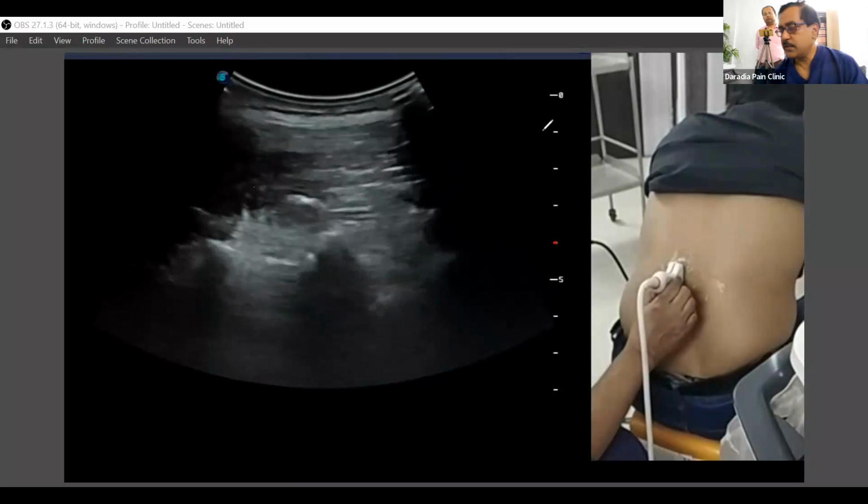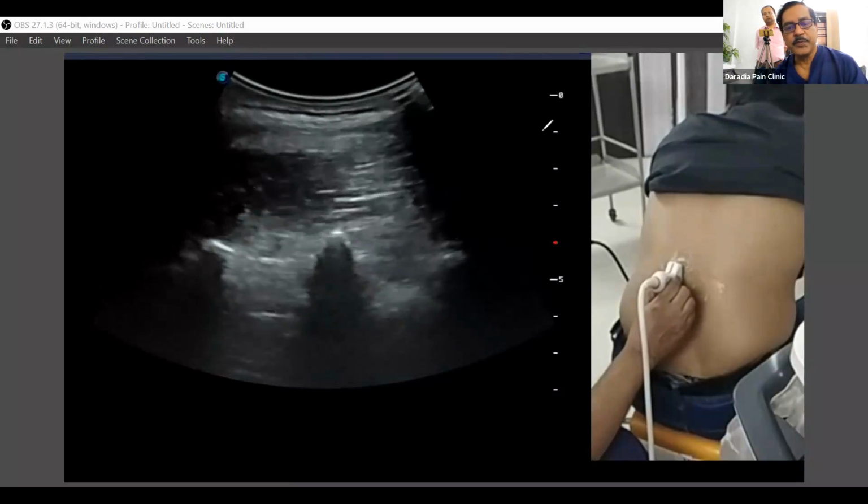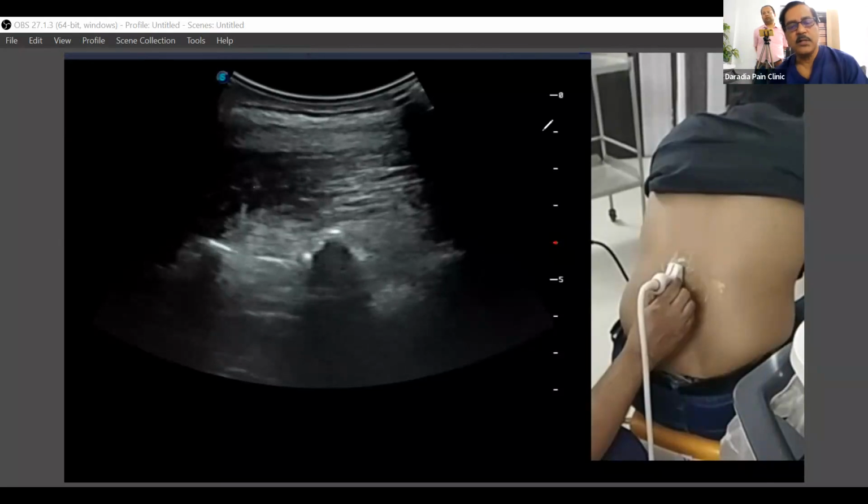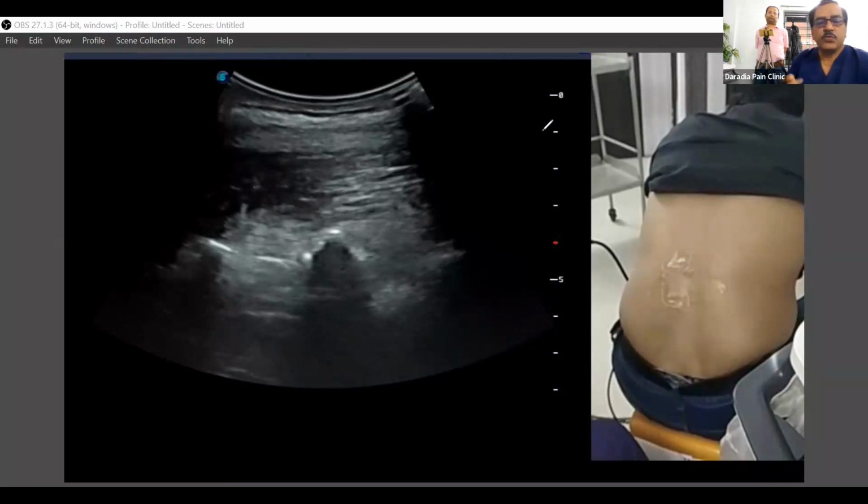And now look at what is happening. I told you at this level we can see the intertransverse tissue complex. So at this level, this was your intertransverse tissue complex, and this is your erector spinae, and this is your psoas.